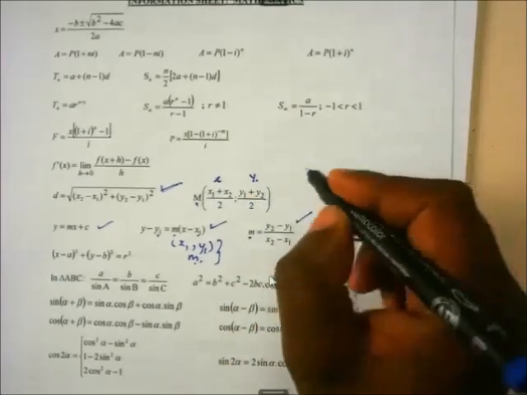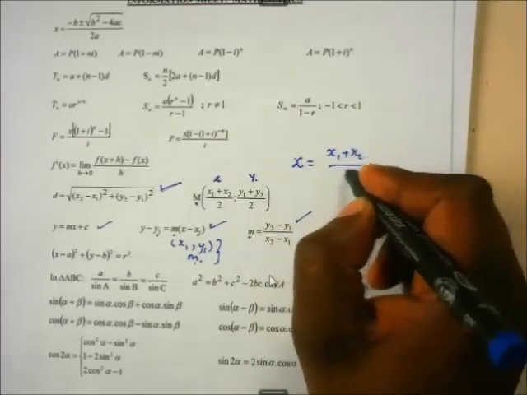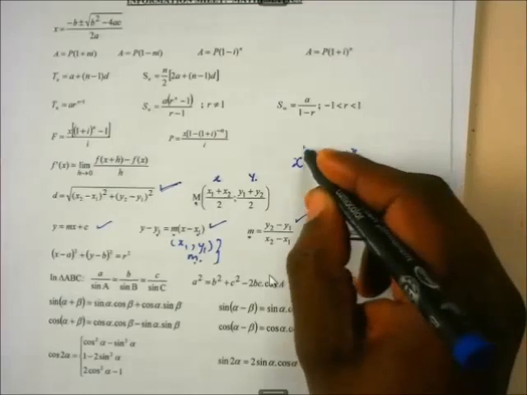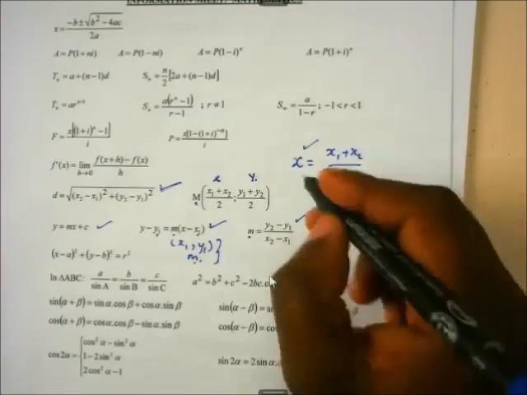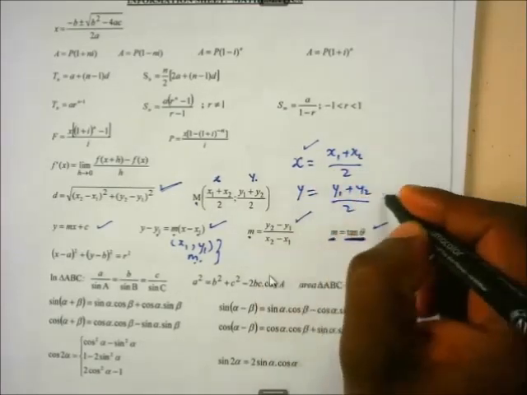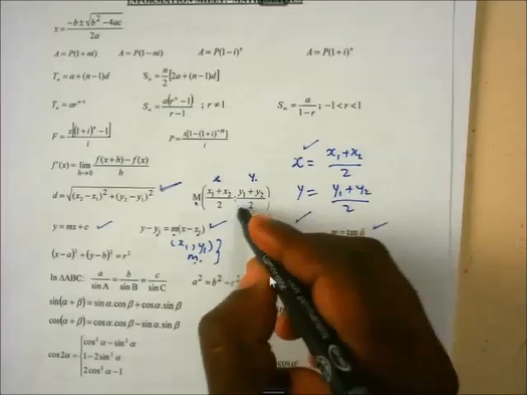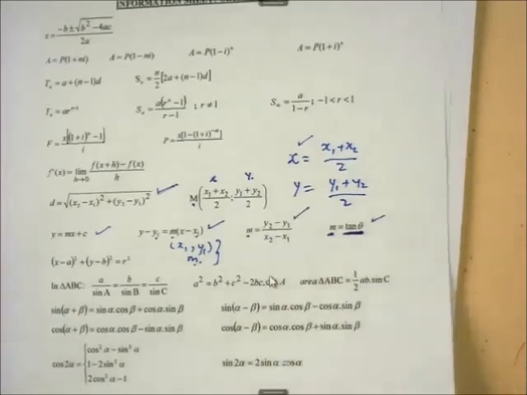If you like, you can write it as the value of x at the midpoint, x1 plus x2 over 2. This is the value of x, but where? At the midpoint, at the middle. And this one is the value of y, where? At the middle, at the midpoint. That's what this expression means. And it is there on the formula sheet.